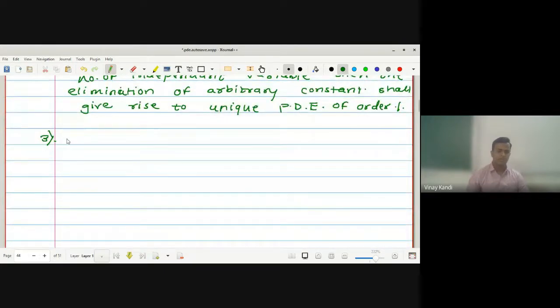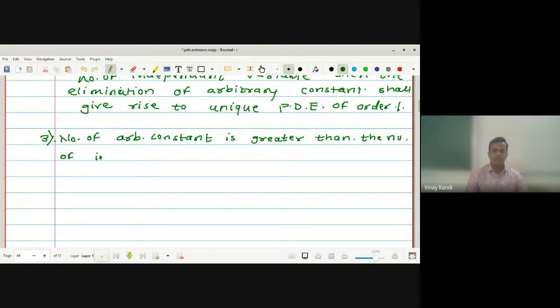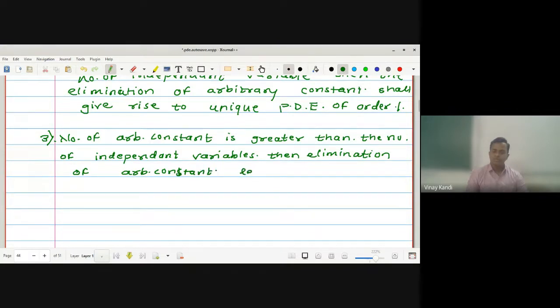Now the third one: if the number of arbitrary constants is greater than the number of independent variables, then the elimination of arbitrary constants leads to a partial differential equation usually of order greater than 1.